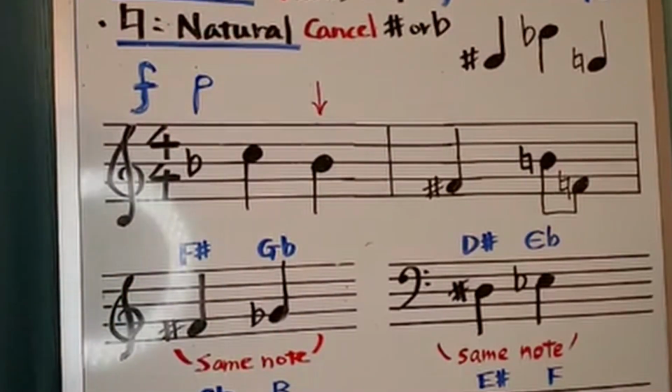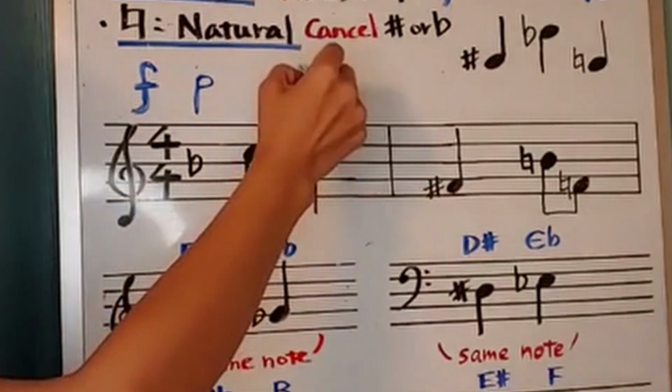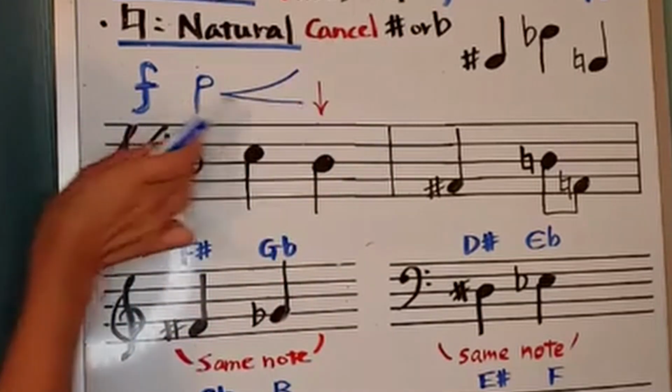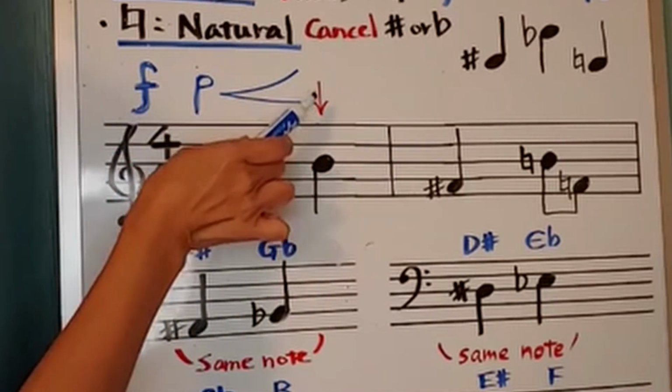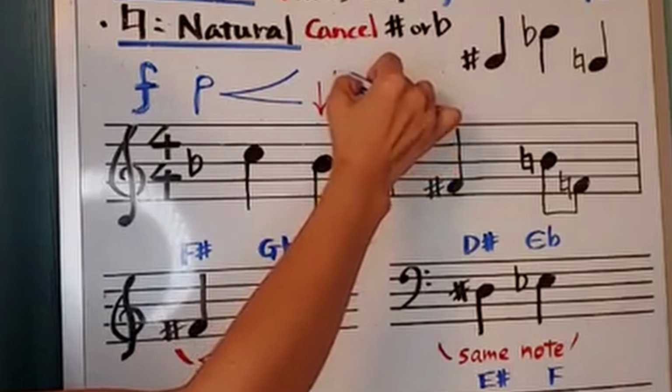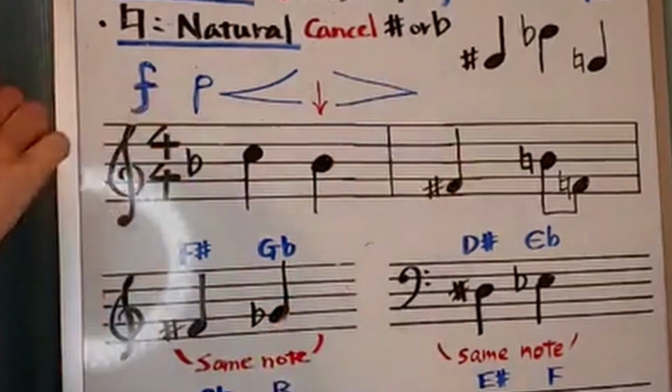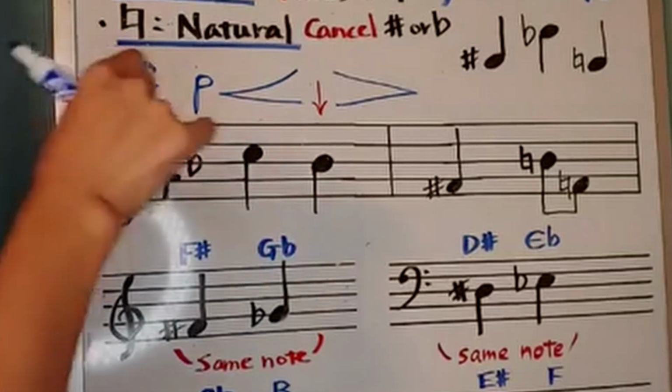Also, if you want to increase the dynamic of the music, they use this thing called crescendo, going that way, so the sound goes from smaller to bigger. And there's another one, decrescendo, which goes from loud to soft.